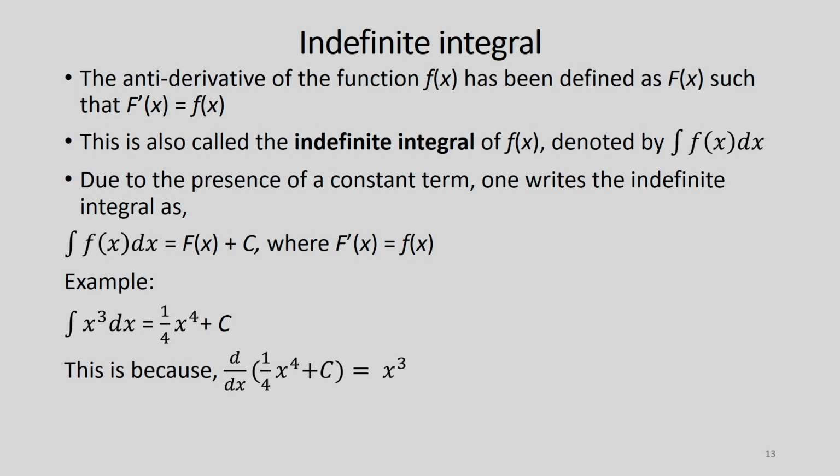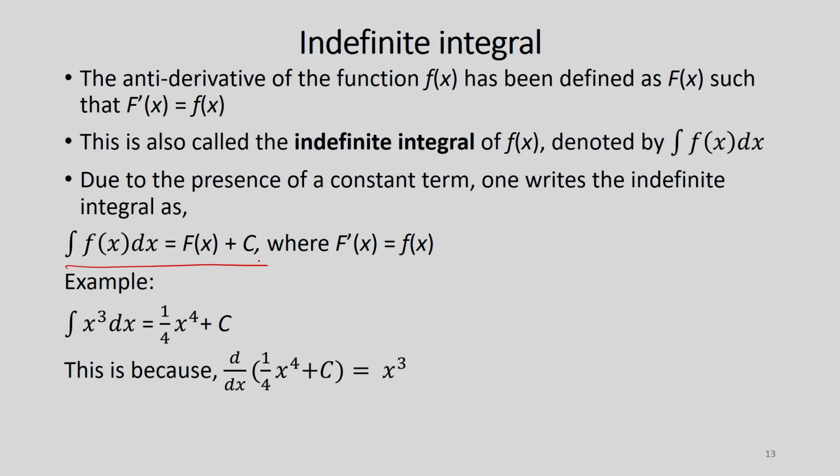So, this capital F x is the indefinite integral, but we also have to notice that there is this constant term, capital C, which has to be added because if you take the derivative of capital C, it will become 0.